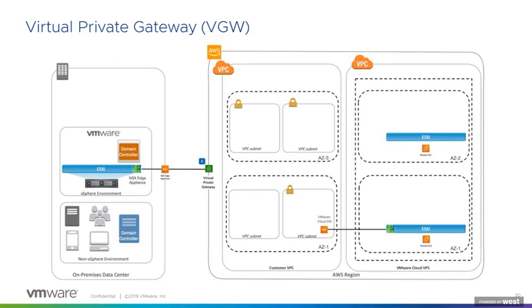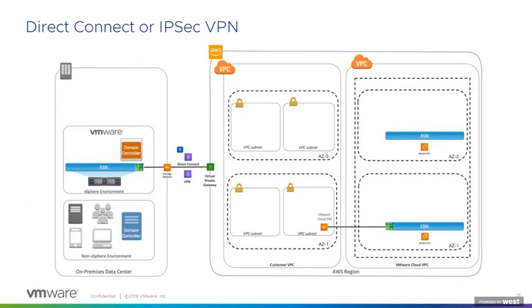But the virtual private gateway is the software gateway that gives you access to on-premises, and it is the target of how you set up Direct Connect or VPN to enable things like vMotion and HCX. So a VGW, or virtual private gateway, is the next architectural component.